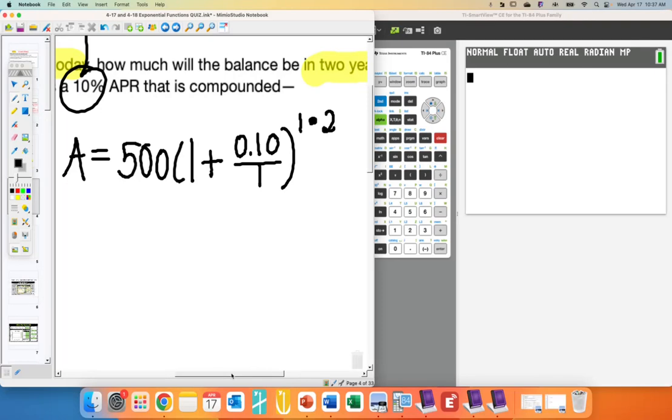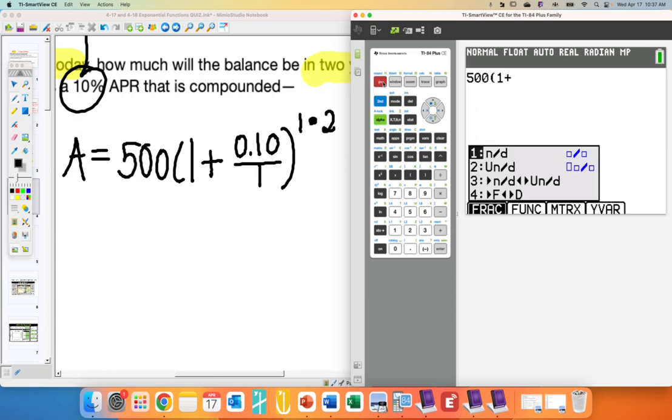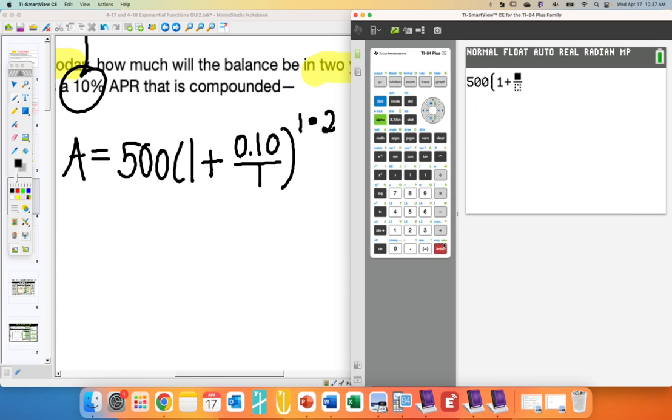So I'm typing 500, parenthesis, 1 plus. See how that is a fraction with 1 over the other, perfect like that? To do that on your calculator, you just press alpha and then y equals, and it gives you a fraction box.